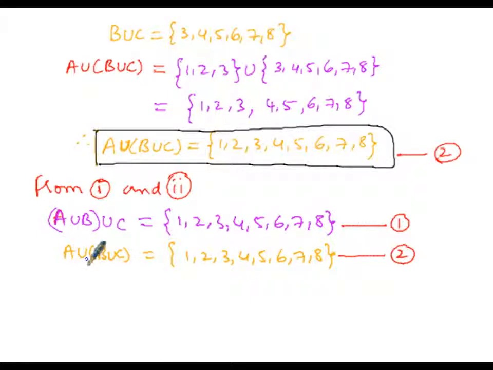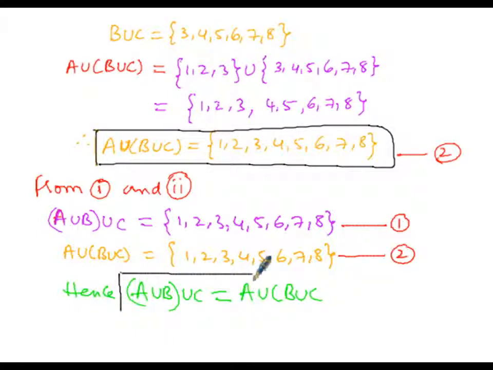So hence, A union B, union C is equal to A union of B union C. Hence it is proved. From this it is clear that A union B union C is equal to A union of B union C. So the associative property holds good here.